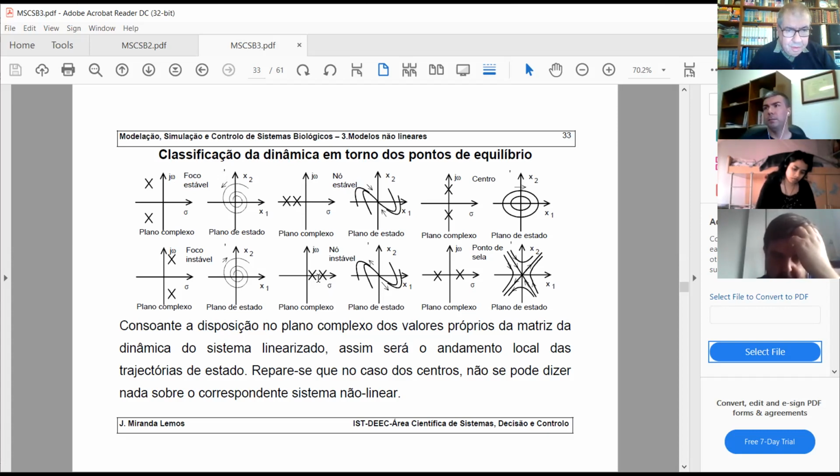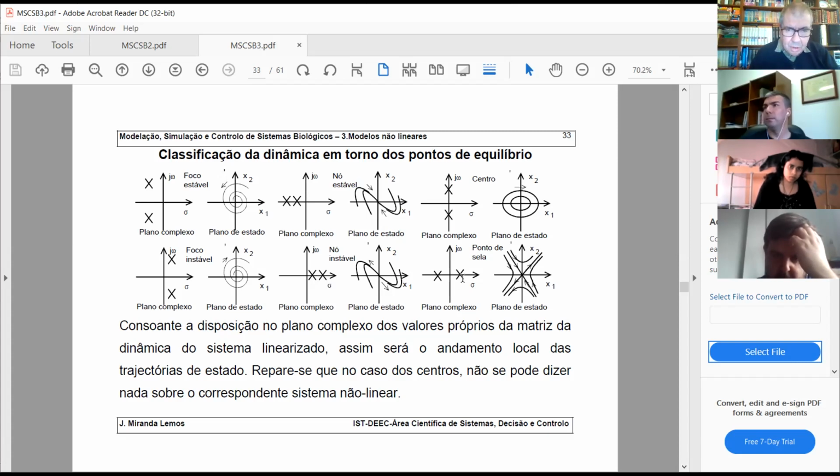If the poles are real but are on the right plane, then the shape is the same as the stable node, but now you go away to infinity, so that you travel the opposite way. And if you have a negative real pole and a positive real pole, you have a saddle point.